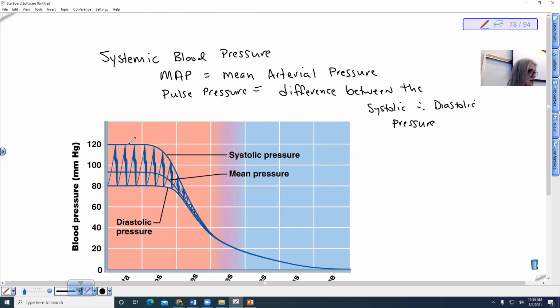When we look at the mean arterial pressure, we can say that it is calculated by adding the diastolic pressure plus 1/3 of your pulse pressure. So my MAP equals the diastolic pressure plus 1/3 of the pulse pressure.